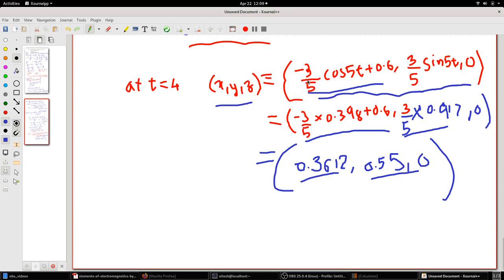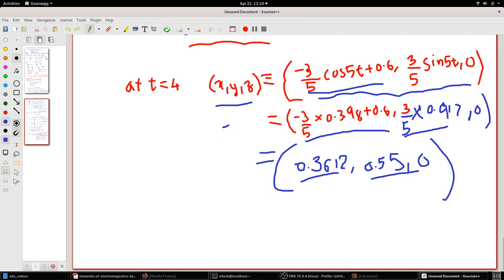It is minus 0.6 cos phi t plus 0.6, comma, 0.6 sin phi t, comma, 0. That's the position of the particle at any given time. The z value is always 0, so it's always in the xy plane.